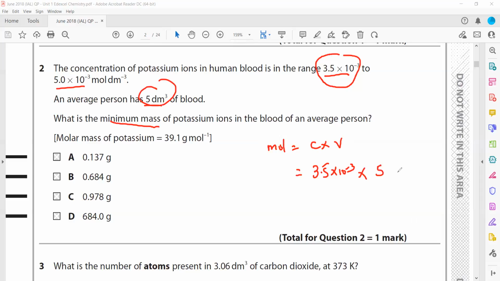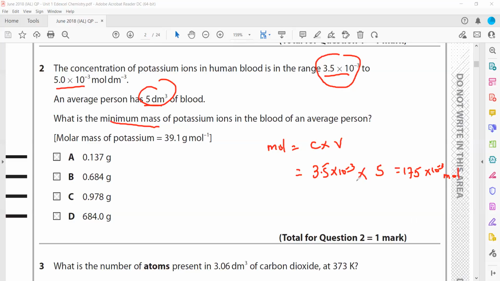So we multiply this by 5. 3.5 times 5 is 17.5. So 17.5 × 10^-3 moles of potassium ion are in the blood.